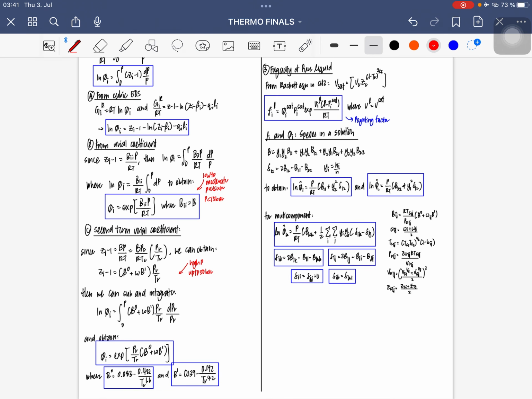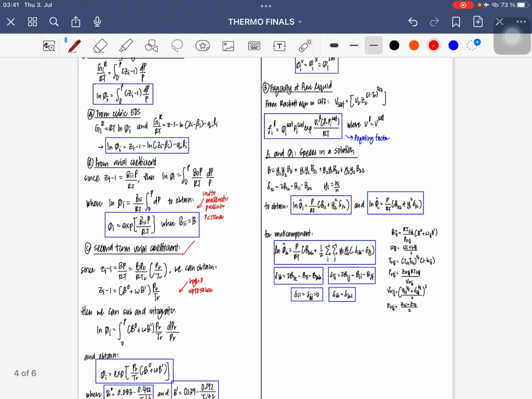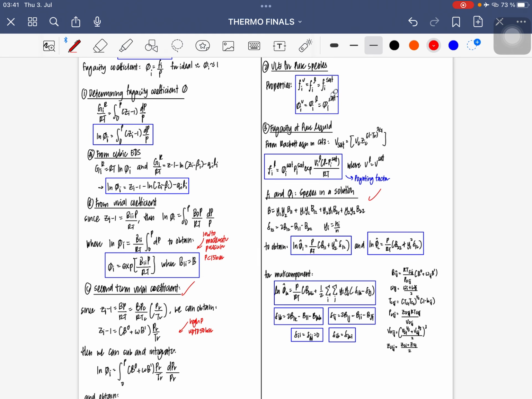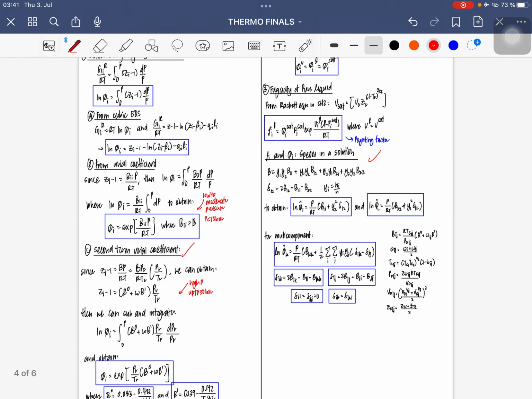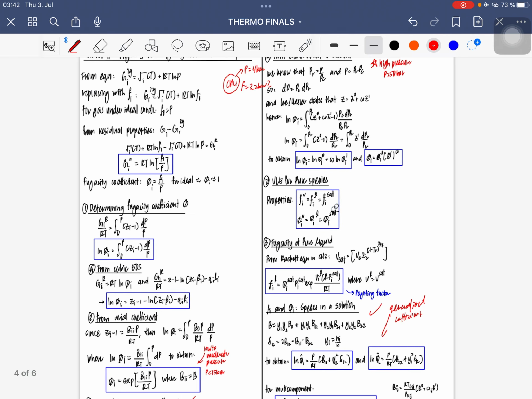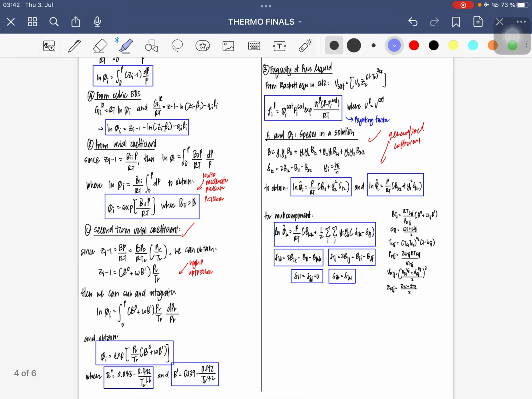There's exactly two methods of determining fugacity that you have to know, which is the second virial coefficient, and also this long one, which is the generalized coefficient. This whole thing is called the generalized coefficient. These are just derivations of it, but what is really important is this one and this one. So let's go through one by one.